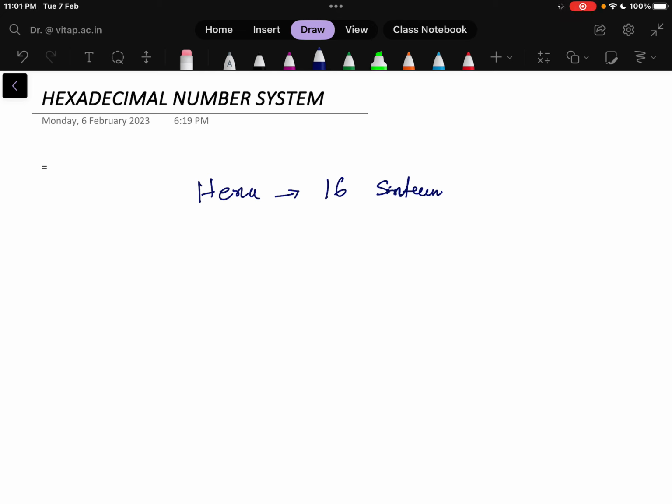Similar to the previous number systems we have seen: in the decimal number system, we have 0 to 9 used as the digits. That means a total of 10 digits are used there, and the base was 10. Then we learnt about octal.